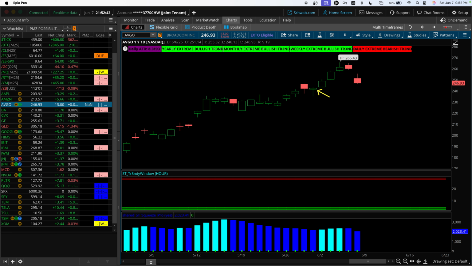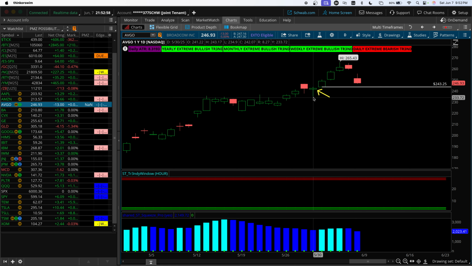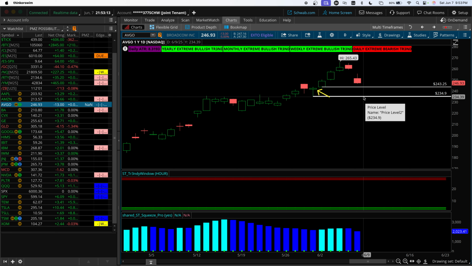This created an inside and up candle formation, meaning that I now know where my entry is at, which is at this formation, 243.25. As far as my stop goes on this, I can also use this candlestick pattern, the inside candlestick pattern, to know where my stop would be, and that would be the close below 234.90 because then the trade is no longer valid.